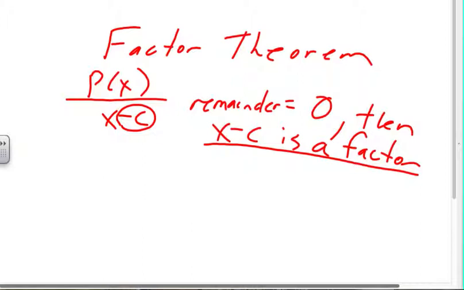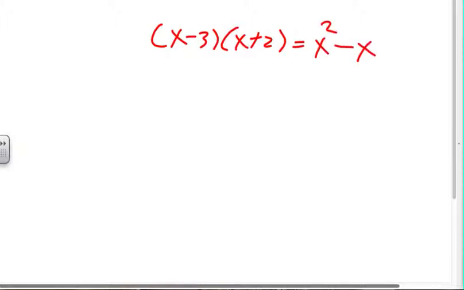Okay? And let's do a quick example of this, and let's start out with a problem we really know. So let's say I want to have a polynomial which is x minus 3 times x plus 2, this should look familiar. That's x squared minus x minus 6. Now, let's say this is all you have.